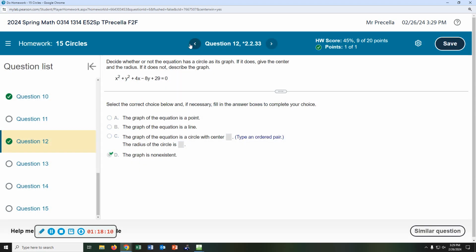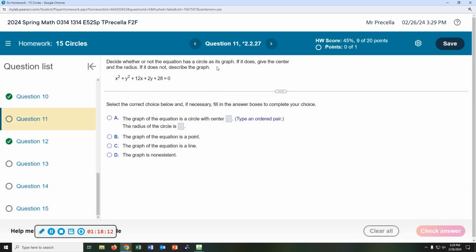Okay, number 11. Same instructions. One of those A, B, C, D, we know that's not the case. I see the x squares and y squares, so I know which one cannot be the answer. Well, you think about that while I'm writing the problem down.